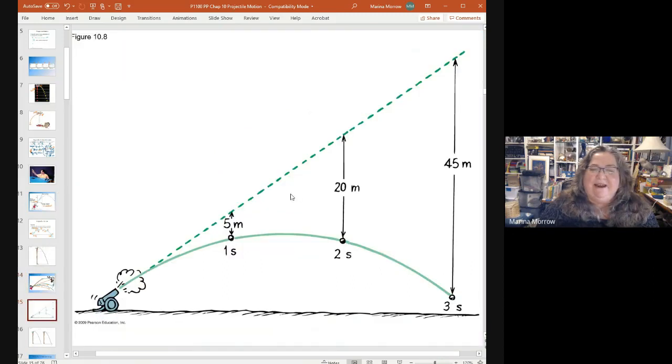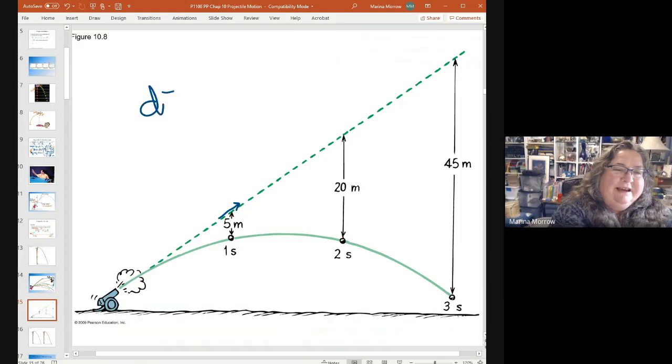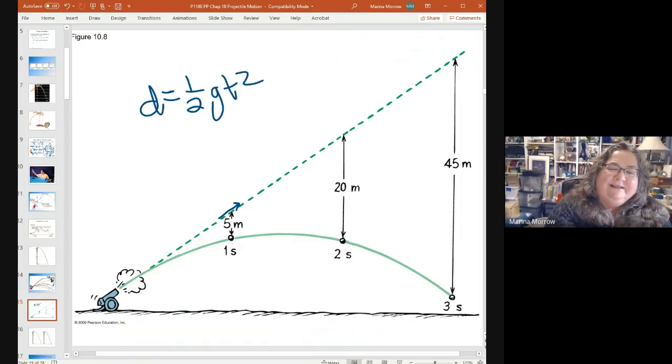Okay, so anyway, here's a way of looking at that. Here's a cannonball, and one way to look at a parabola is that the cannonball is falling out of its straight line path by a distance. Remember, we got these distances before using d is 1/2 gt squared. So after 1 second, it will have fallen 5 meters.